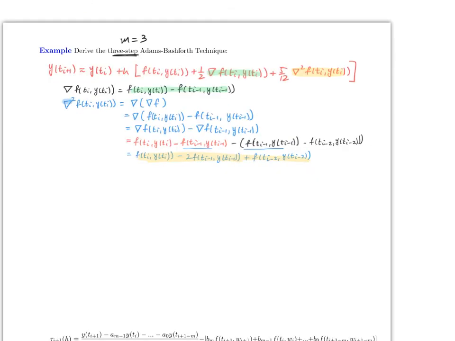Now, if we plug this part into here and this into here, we will get the following.